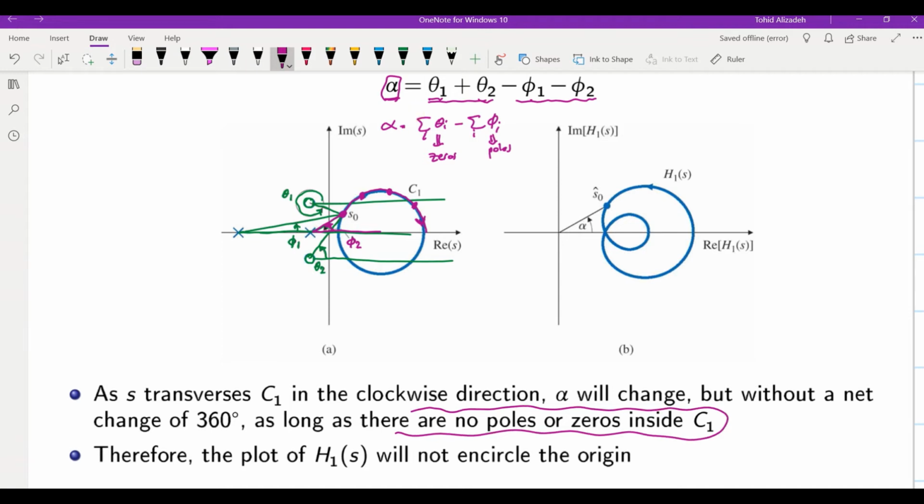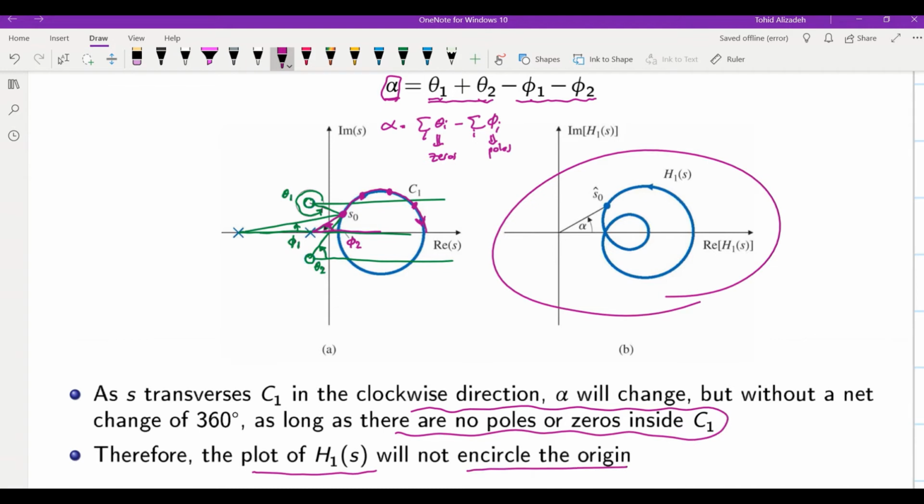So the net change that we have for alpha will not reach 360 degrees. And as a result, the plot of H1, as you can see over here, will not encircle the origin, because the net amount of change that we have for alpha is smaller than 360 degrees.